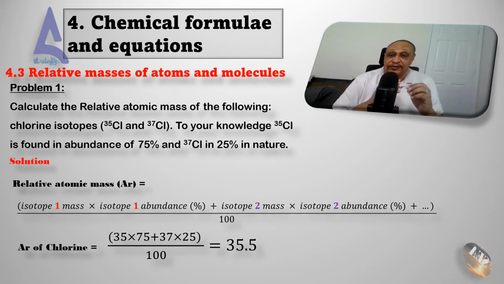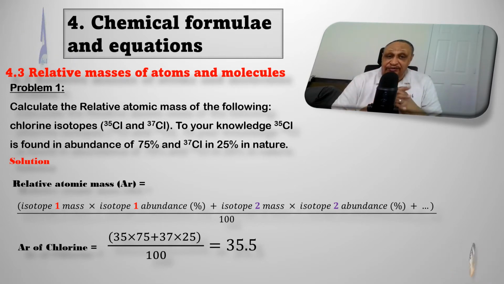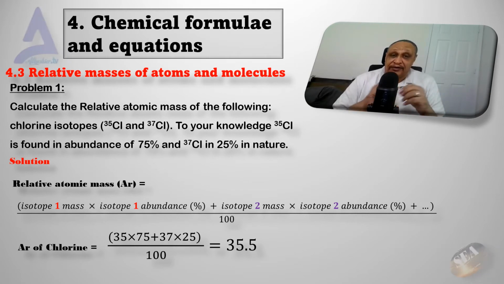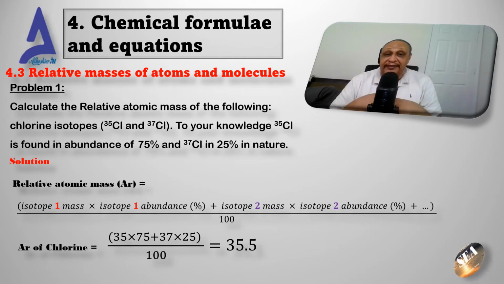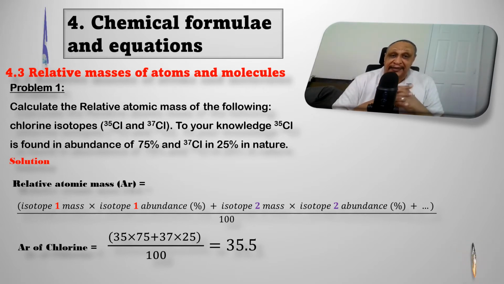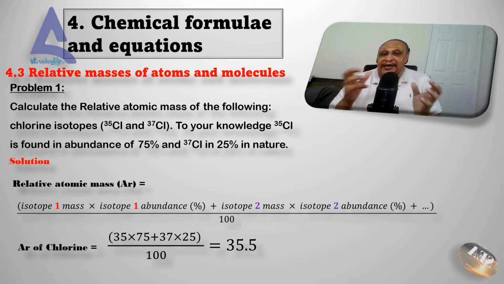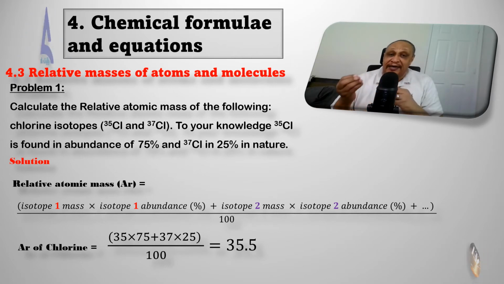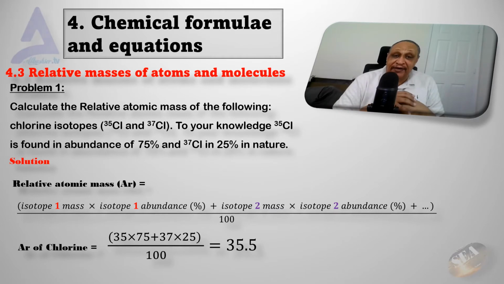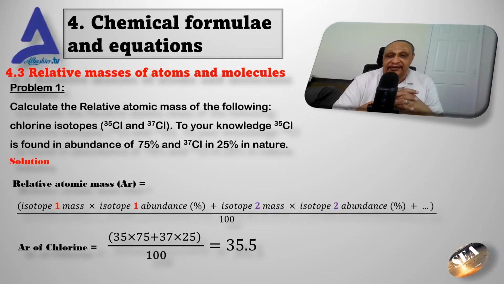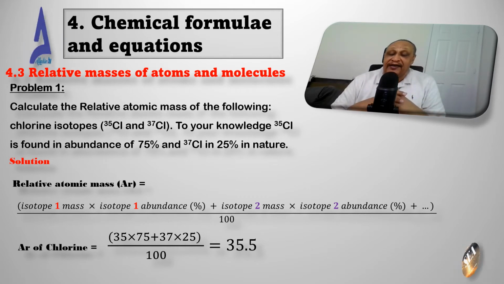Chlorine isotopes. We have only 2 chlorine isotopes, chlorine 35 and chlorine 37, and we would like you to calculate the relative atomic mass of these isotopes, keeping in mind that chlorine 35 is found in abundance of 75% and chlorine 37 in 25% in nature.